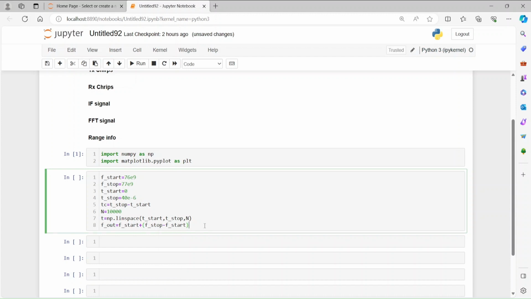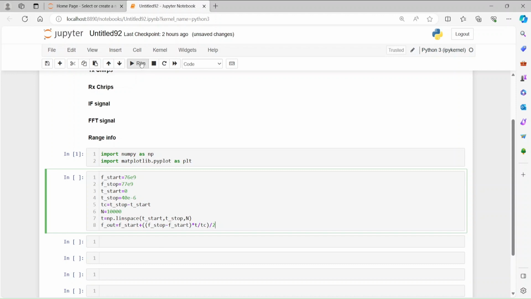This term is multiplied by the time vector over Tc, so basically the slope, and the whole thing is divided by 2. So this is the equation of the frequency output of the linear frequency modulated generator.